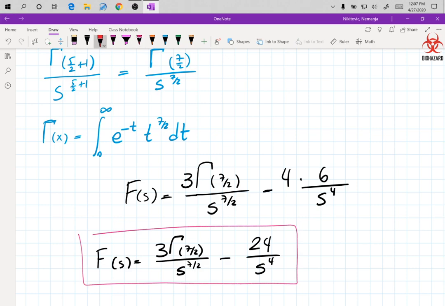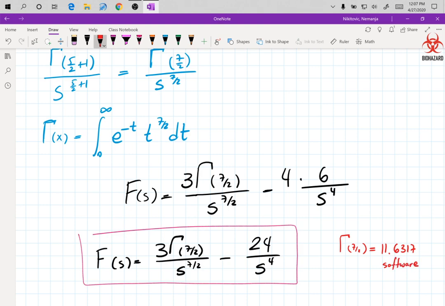Now, the gamma function of 7/2 is approximately equal to 11.6317, using software.